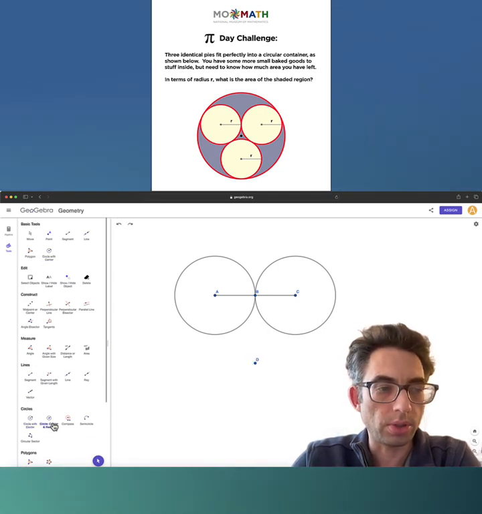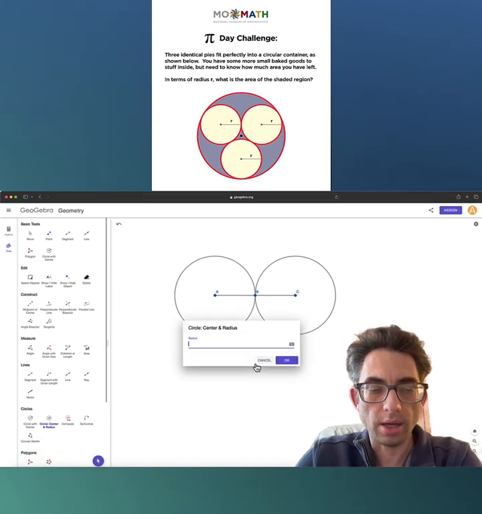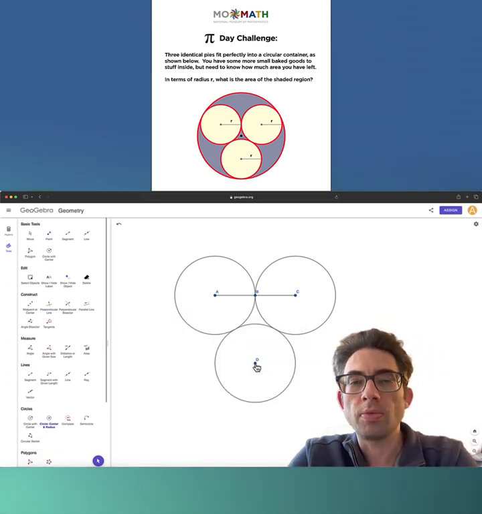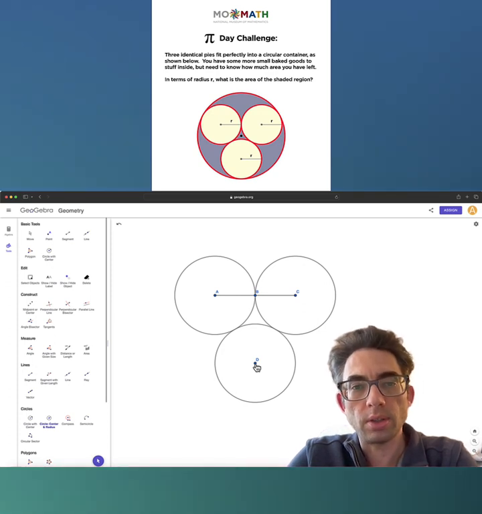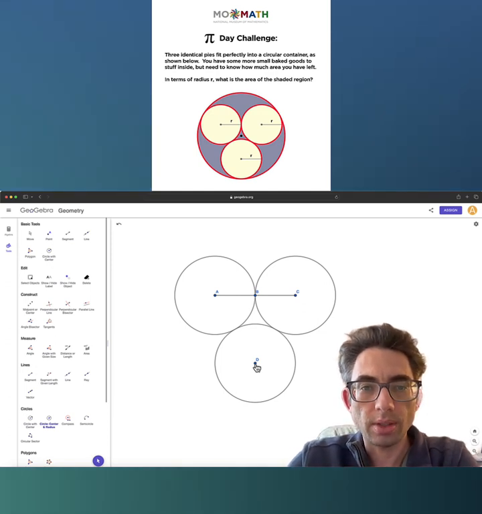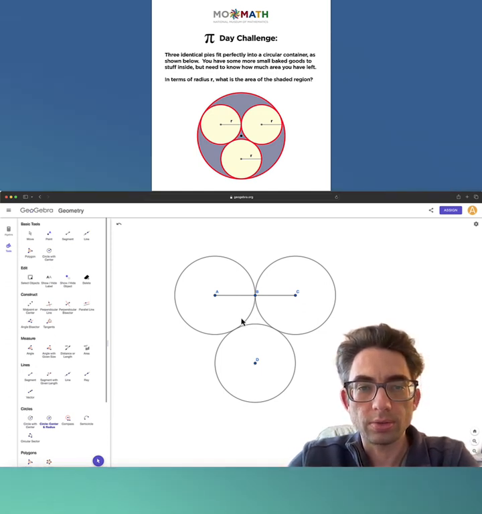And circle with center and radius, click D, and our radius is 1. Press OK, and boom, there it is, perfect. We got our 3 unit circles. Now we just have one last thing to do, which is create the larger circle. And then we're done. So let's do that now.